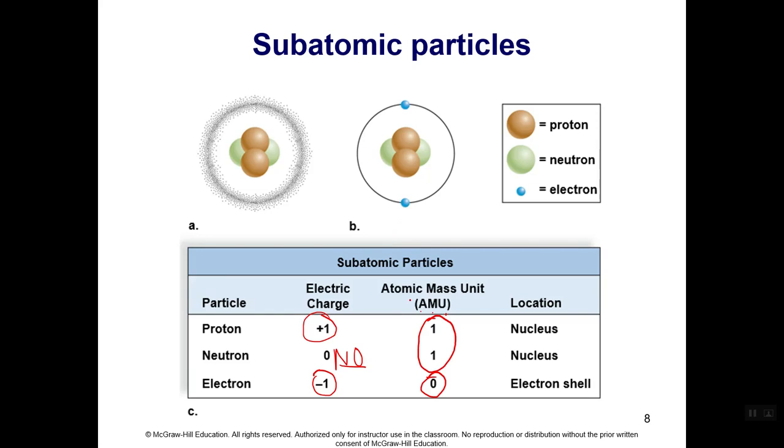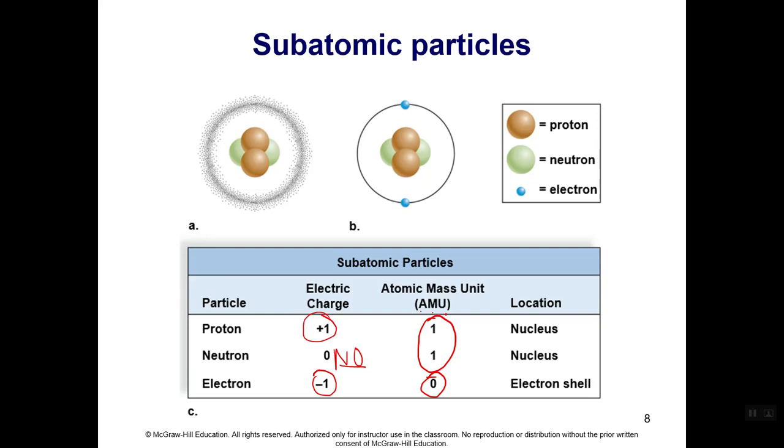All right, so again, protons and neutrons are located in the nucleus. The electrons are in the electron shells. Protons are what charge? Positive. Neutrons are neutral. Electrons are negative.